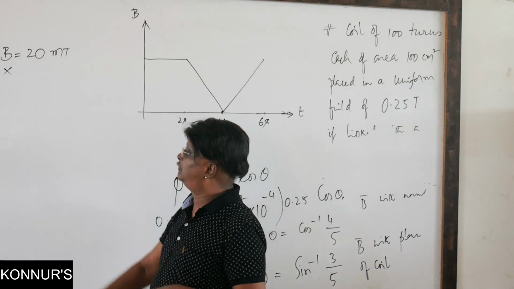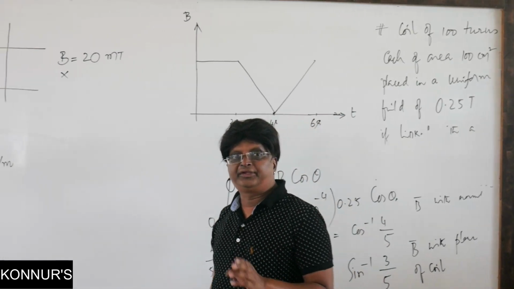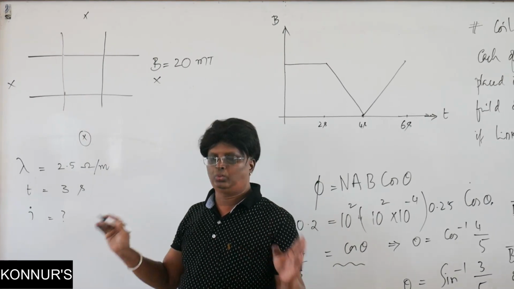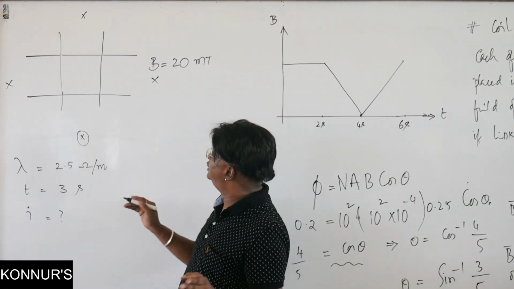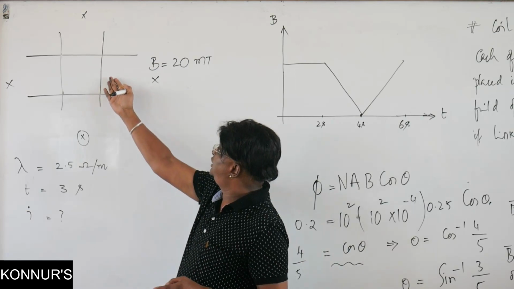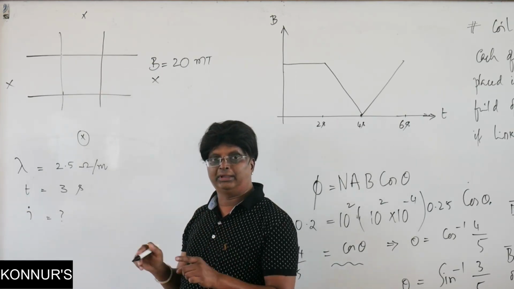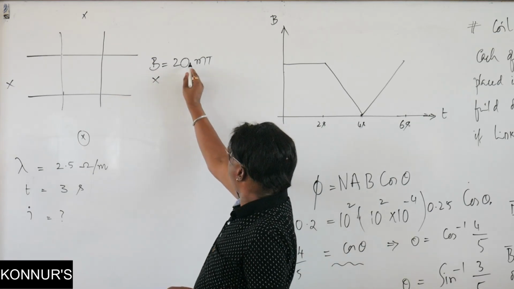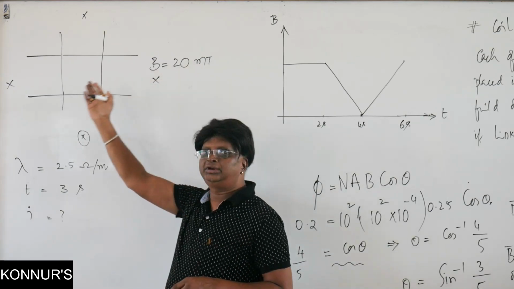Now look at this, one more example here. Now this example, he says, these are 4 very long wires initially placed to form a square in a region having a magnetic induction B equal to 20 millitesla, and look at this magnetic field.